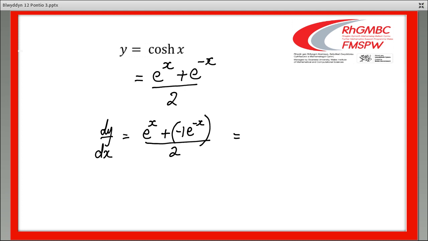So that will give me e to the x minus e to the minus x divided by 2. So therefore, dy by dx equals sinh x.